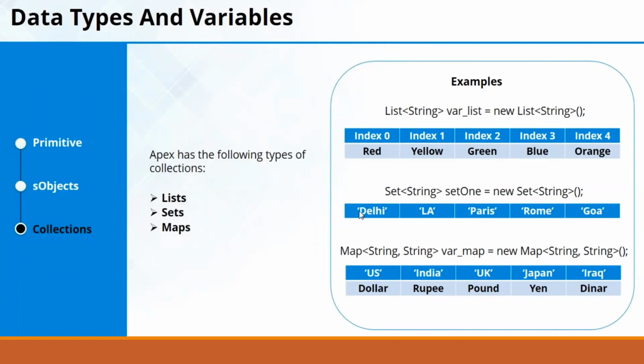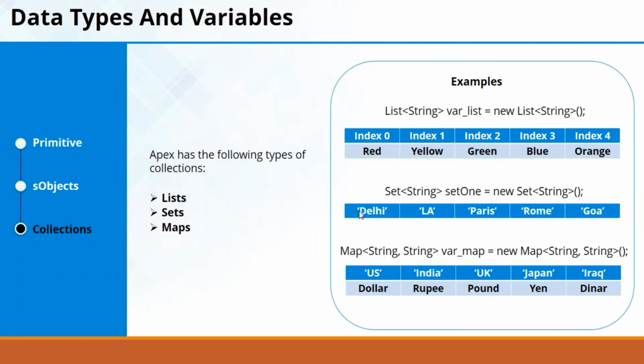You are putting all these city names, Delhi, Los Angeles, Paris, Rome, Goa, into a bucket. You cannot identify on which place what it is. So it's not ordered. What does it mean? Set is not ordered.